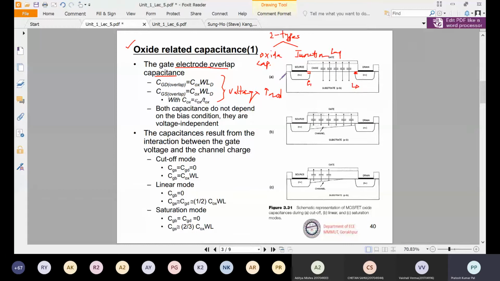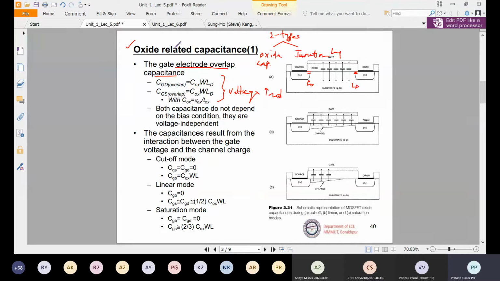So the overlap because of gate to drain will be given by CGD overlap, and similarly CGS overlap, and this will be equal to COX W into LD.